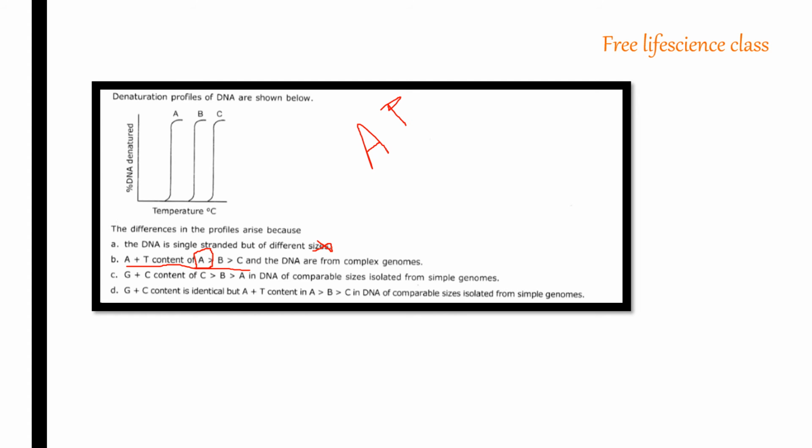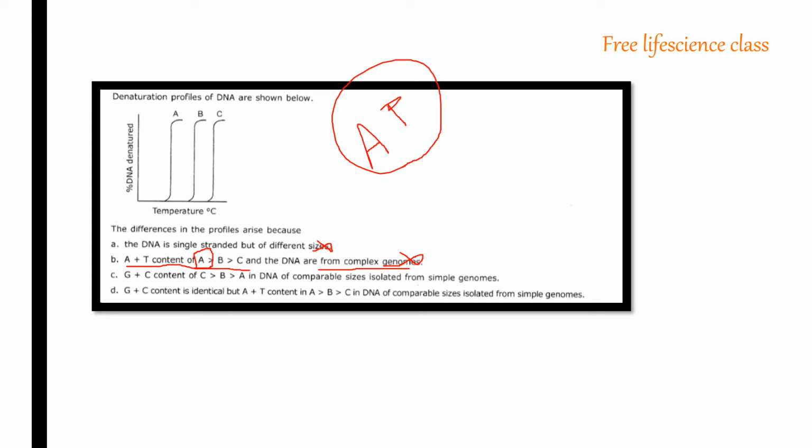If the GC content is higher in a DNA, then the melting temperature is also greater. If AT is greater, the melting temperature will decrease. And it is a complex genome. If it is a complex genome, then how can we say the AT content is greater like that? It is not the case.